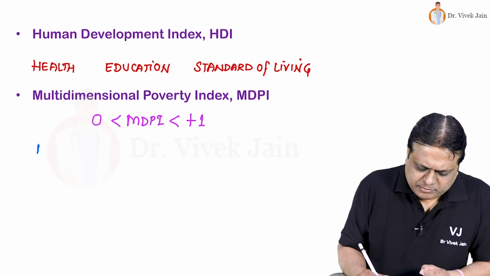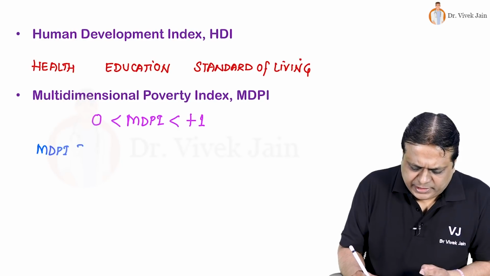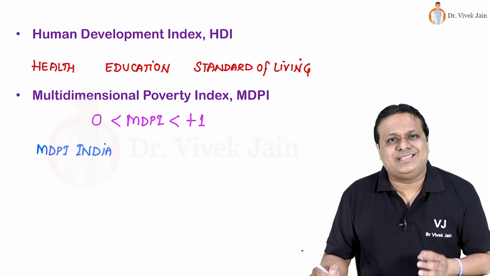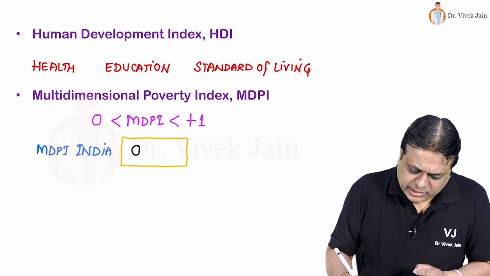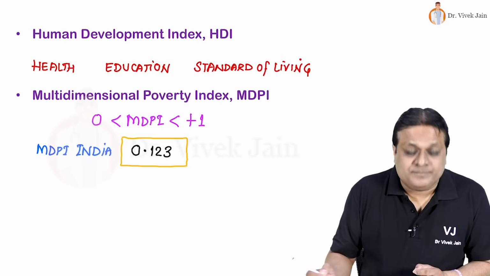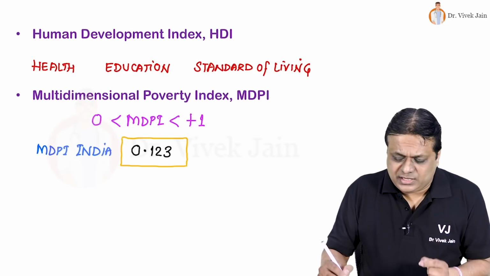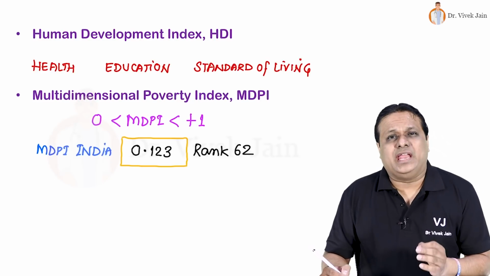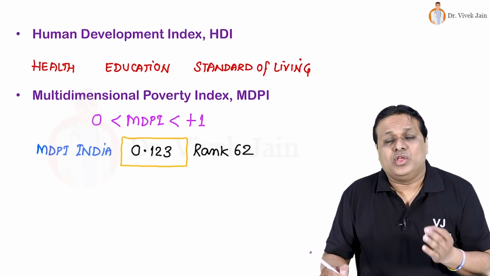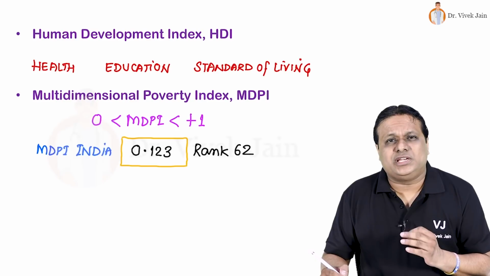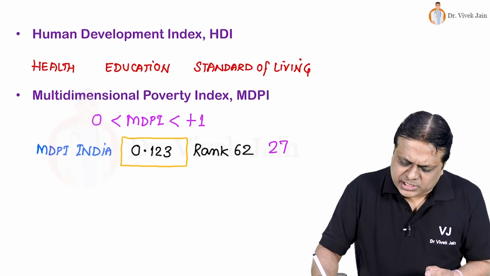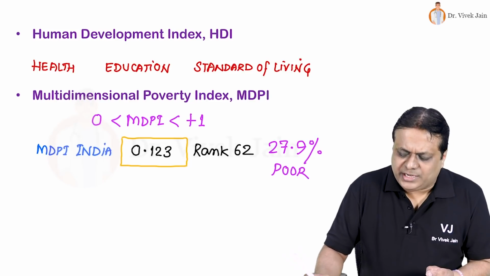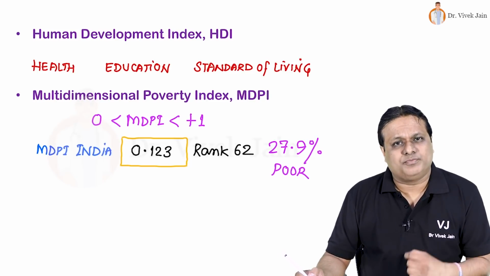And when we look at the multi-dimensional poverty index for our country India, then MDPI of India is currently 0.123. India is having a current global rank of 62, and when we translate it in terms of what percentage of Indian population is poor by this particular index, 27.9% of Indian population is poor.